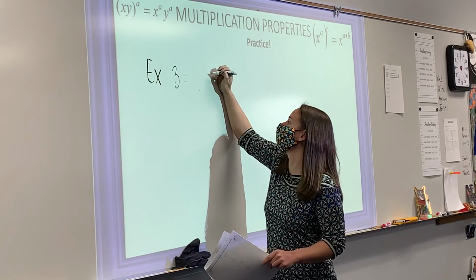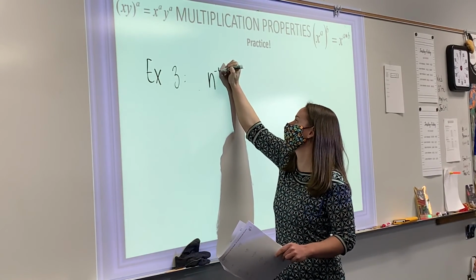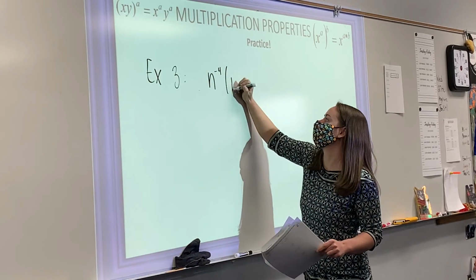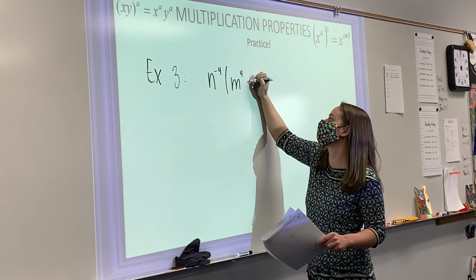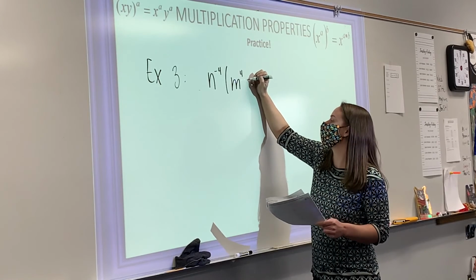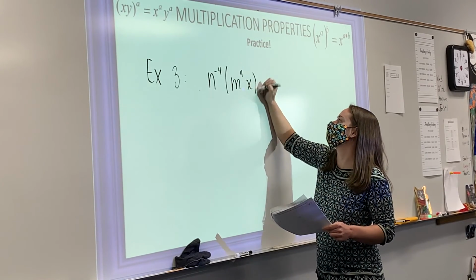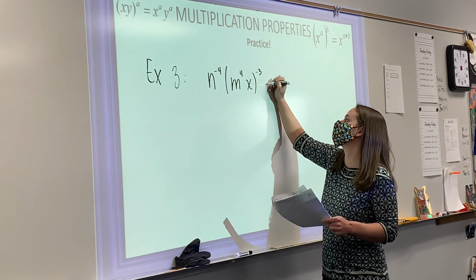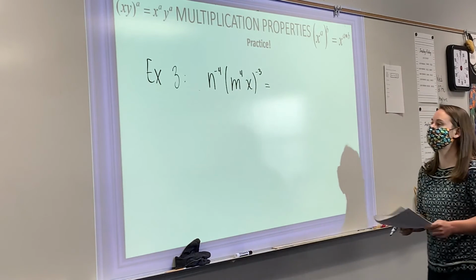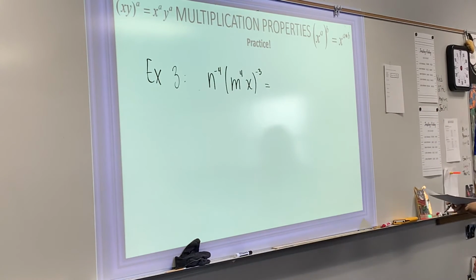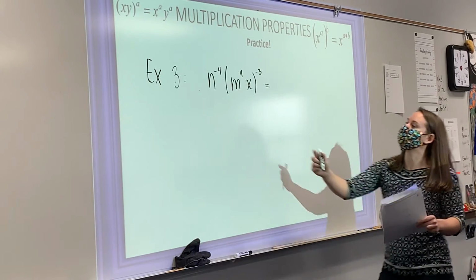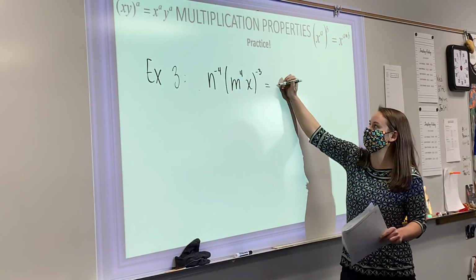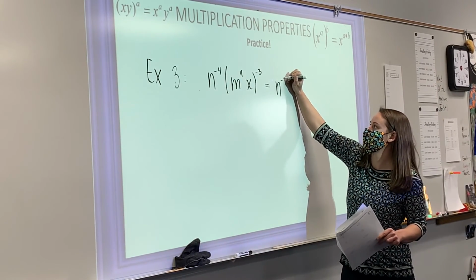So let's do something like n to the negative 4 times (n to the 4) times x to the negative 3. So I'm just going to rewrite the n to the negative 4 because it's kind of outside the parentheses.